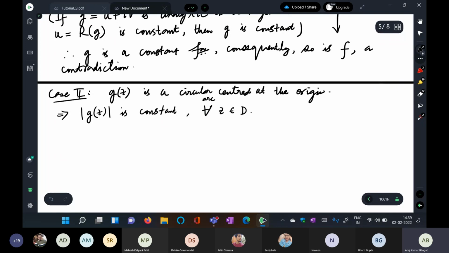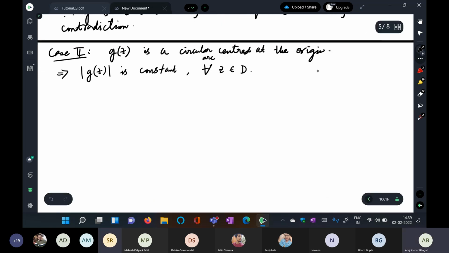Can you justify this? It's easy. Again, it is very easy. Suppose the image is like this, and this is a circle, remember that.